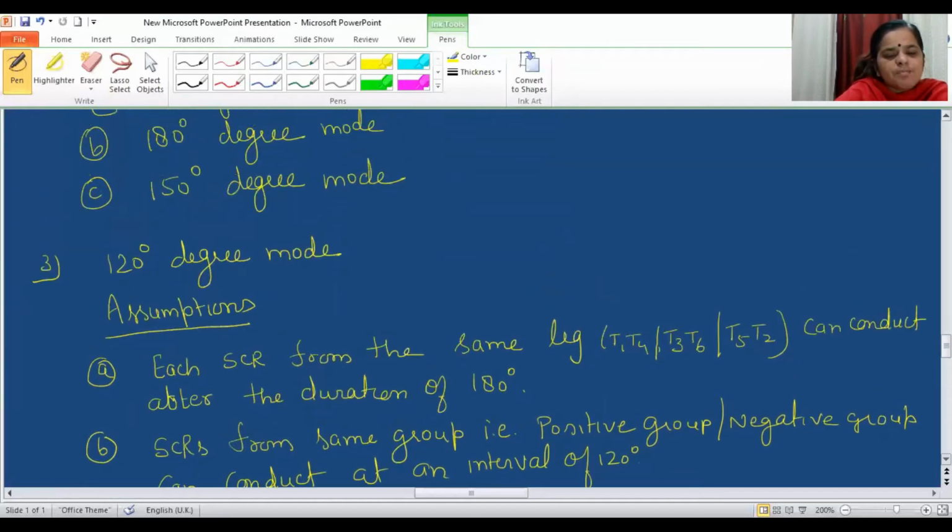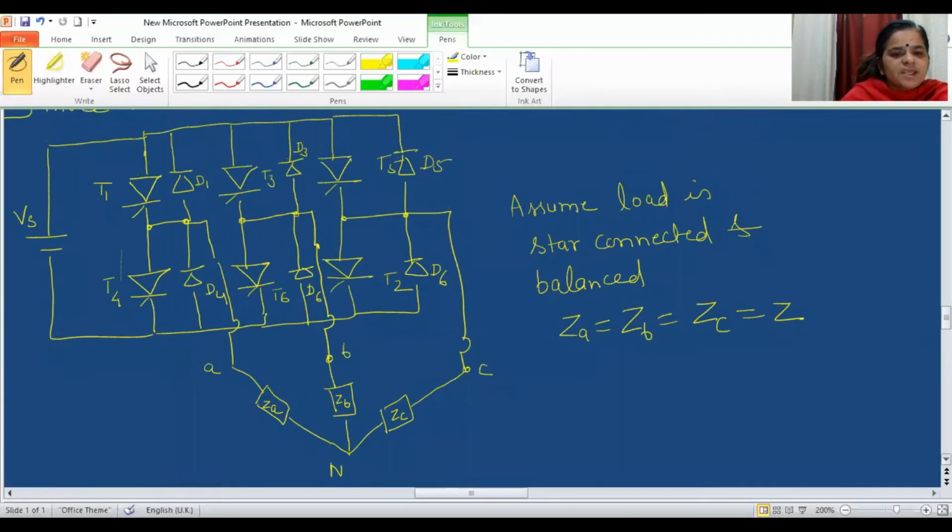Now what is the meaning of this? If you see the power circuit diagram, the SCRs T1, T3, T5: the anodes of these three SCRs are at the same potential because they are short circuited and connected to the positive of the supply. Since their anodes are at the same potential and connected to the positive supply, T1, T3, T5 can only be forward biased when they are connected to the maximum positive supply.